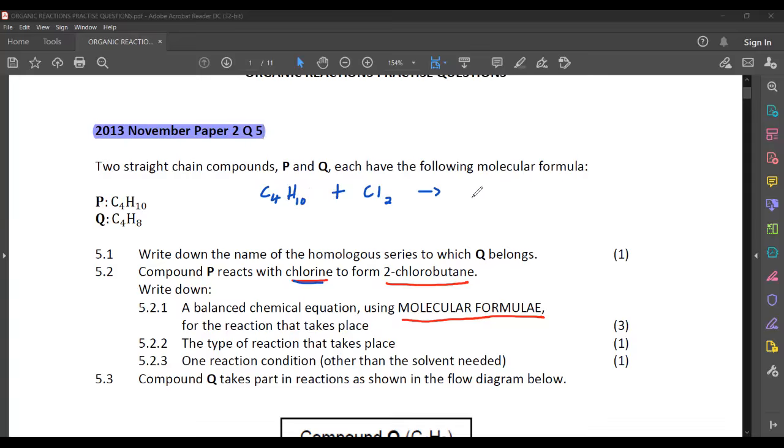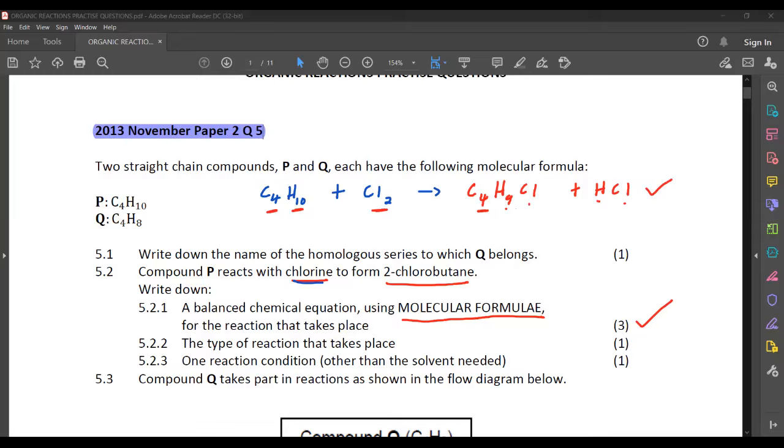This becomes C4H9Cl plus HCl. That's the 3 marks. And it's balanced. Check: 4 carbons, 4 carbons. 10 hydrogens, 9 plus 1, 10. 2 Cls, there's a Cl and a Cl. This is a substitution reaction. That's your answer for 5.2.1.